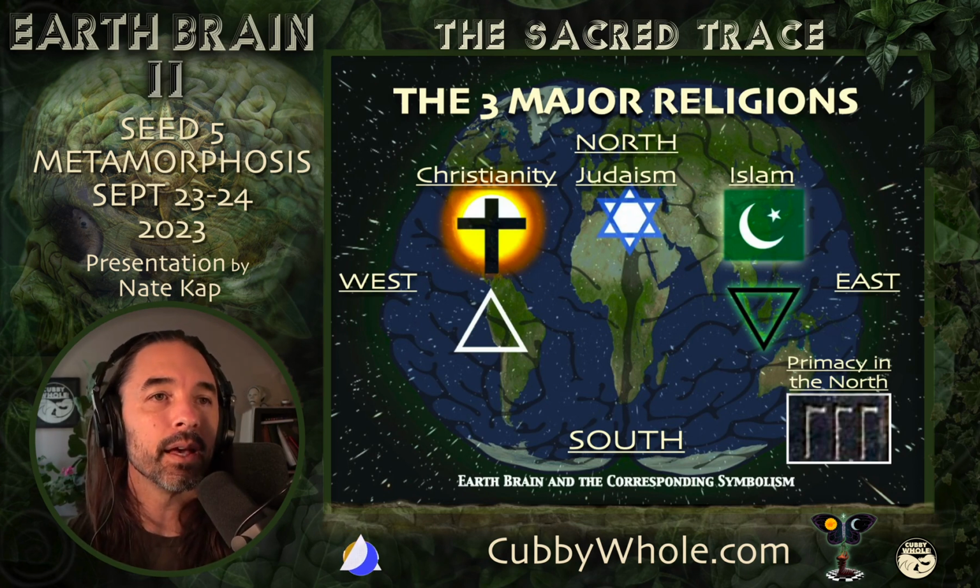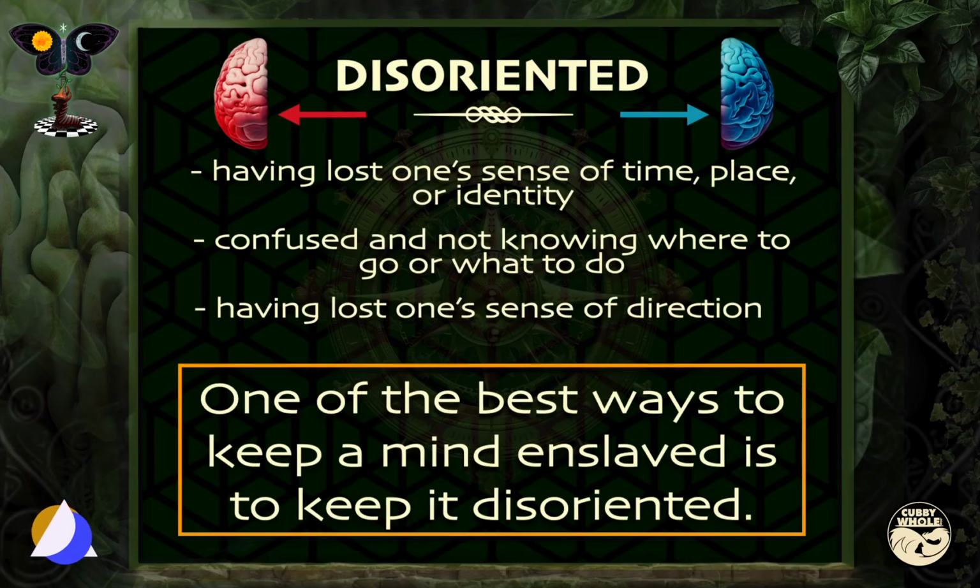Now, here are some very important definitions of what being disoriented actually means. So the first definition states: having lost one's sense of time, place, or identity. Okay. Well, time, place, and identity have everything to do with connection to earth, the earth brain intelligence.